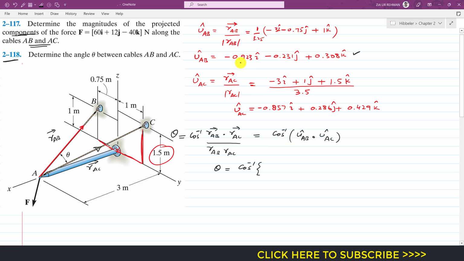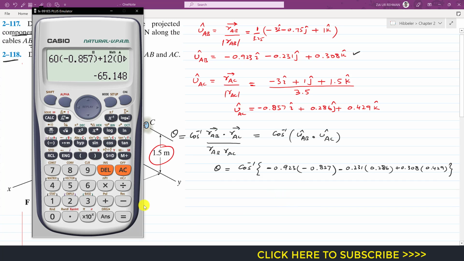So we can write that this is cos inverse of minus 0.923 into minus 0.857, then minus 0.231 into plus 0.286, and similarly plus 0.308 into 0.429.